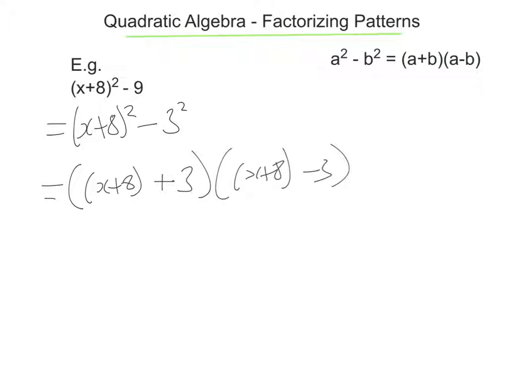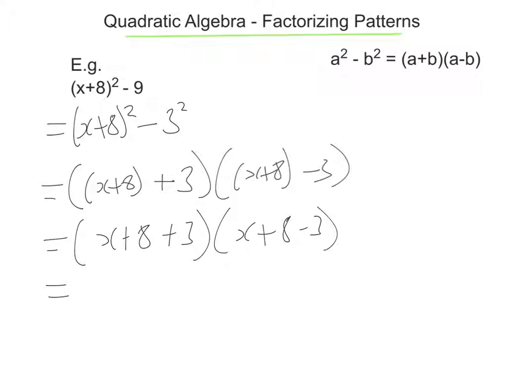Now, that's already factorised, but we can clean it up a little bit because the bracket that's inside doesn't need to be there anymore because there's nothing multiplied by this bracket in here. So we can get rid of those brackets and just rewrite it as x plus 8 plus 3, x plus 8 minus 3.